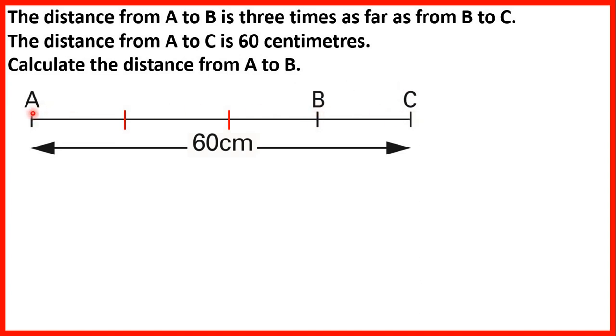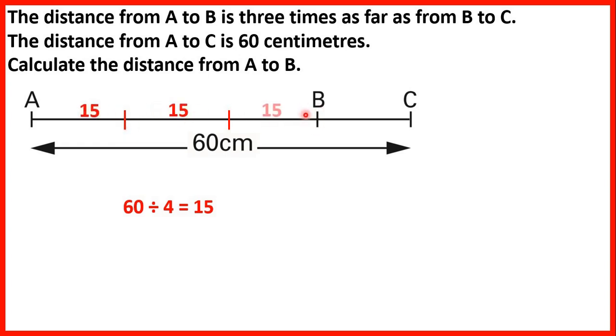So now we can work out what is the value of each of these lines. Well, we have 1, 2, 3, 4 lines to get from A to C, and that's 60. So if we divide 60 by 4, we know that each of these lines is 15.